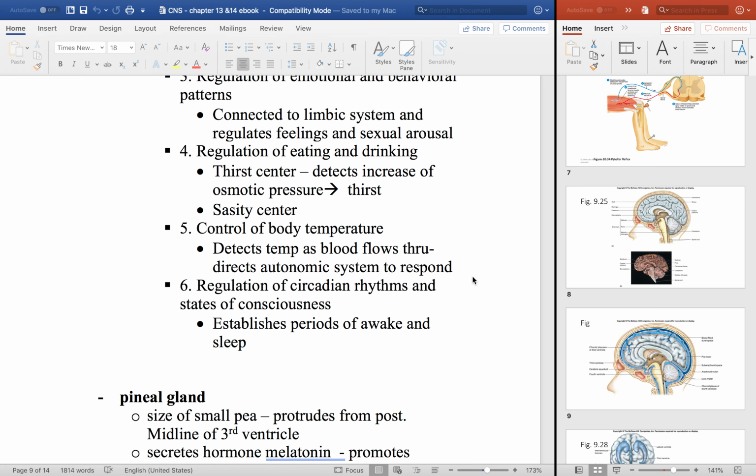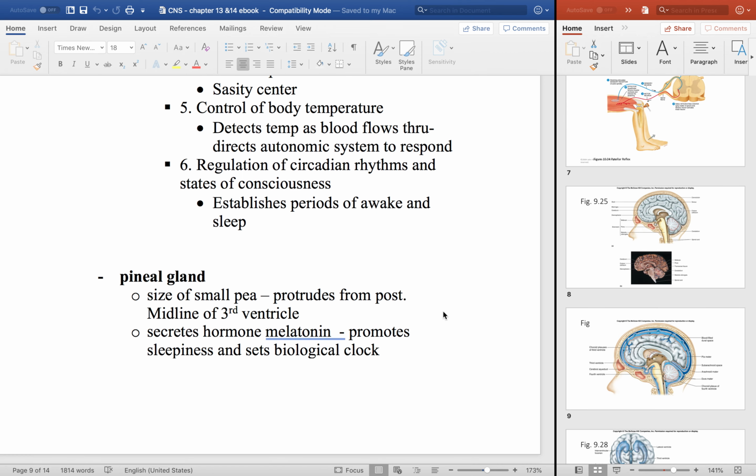Also, it regulates our circadian rhythms and states of consciousness. In other words, when we're awake and when we're asleep. Everybody has different circadian rhythms, and we sort of push them back and forth. They're controlled a lot by light and melatonin also. So that's huge. And we're going to find out that the pineal gland, which we'll go ahead and talk about right now, has a lot to do with our periods of awake and sleep.